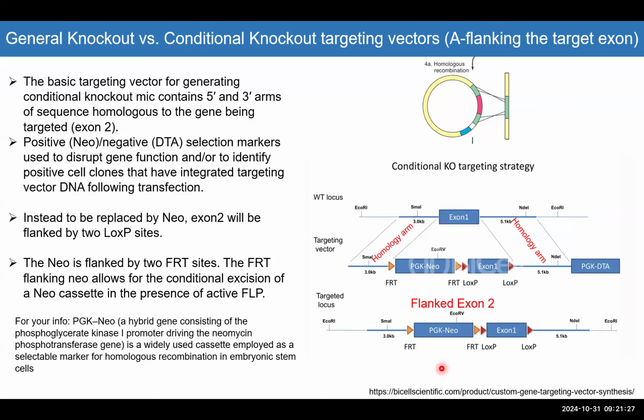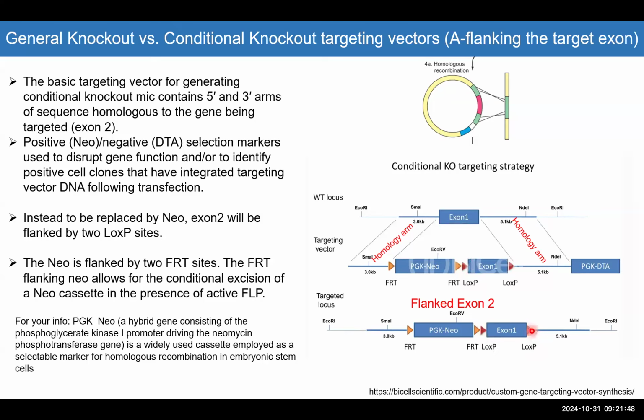So now what happens? At this point, we don't have issues in terms of the sequence. We didn't interrupt the sequence, because at this point, we have exon number 2 still there.